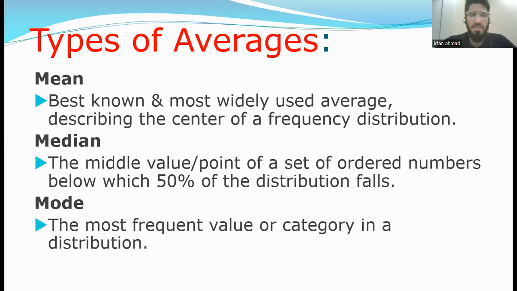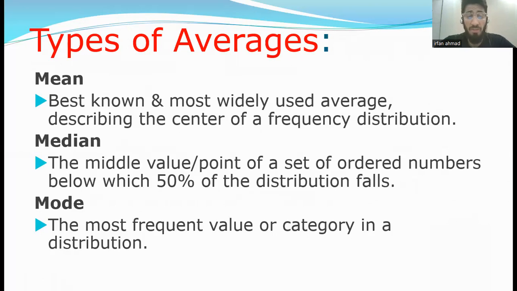The second one is median. I will discuss each one in detail in the next slides. The median is the middle point of the ordered set of numbers, below which 50% of the distribution falls. For the mean, the order is not important. It's not compulsory that you order the data. You just add all the data, and it's not important that you add them in order.